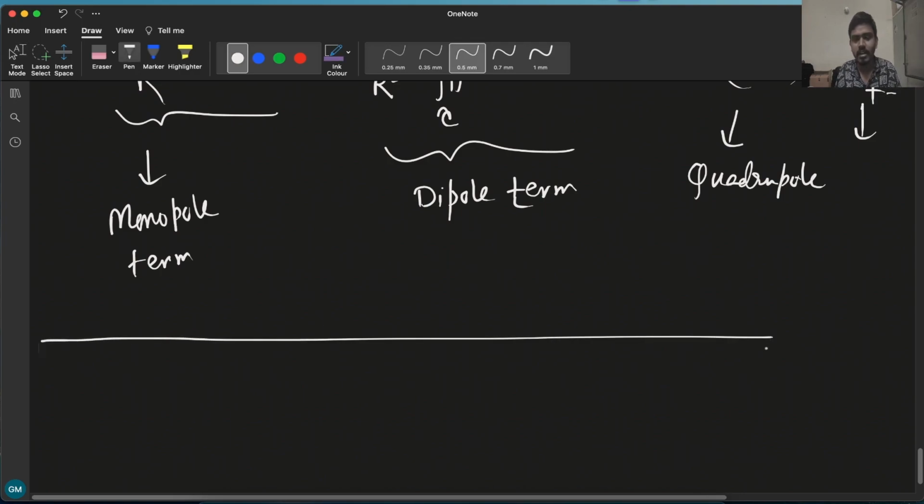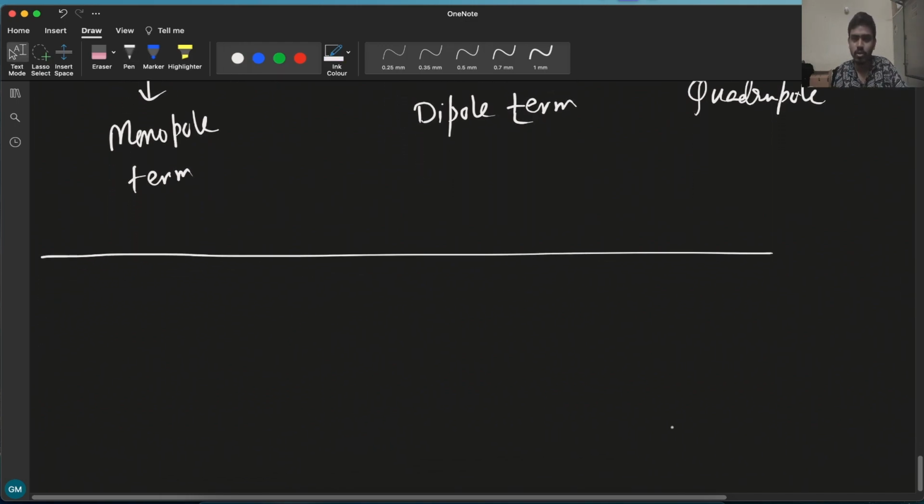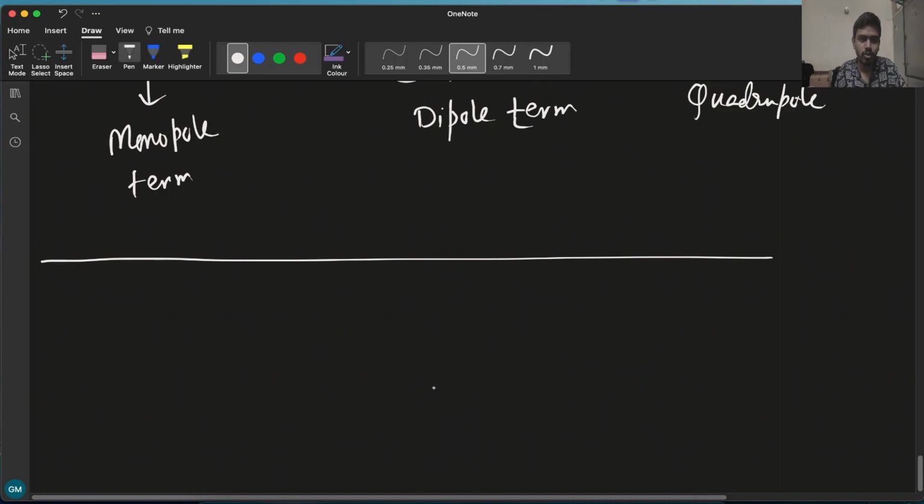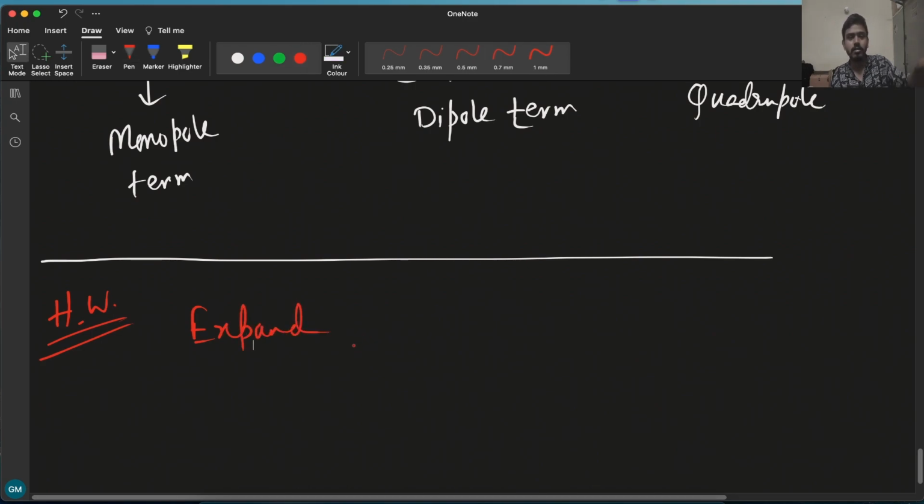Let me give you some little exercises. So homework is basically to expand the given functions.